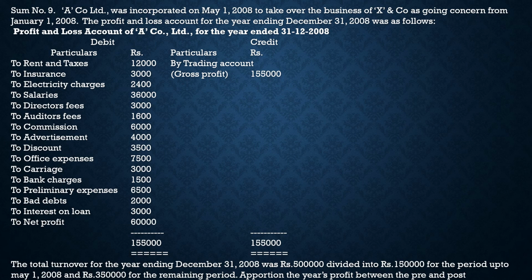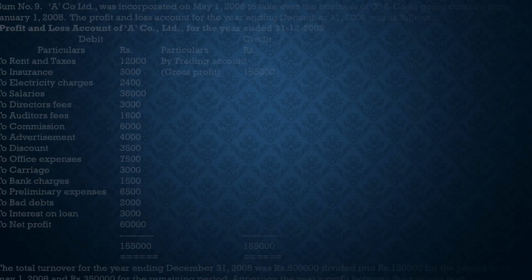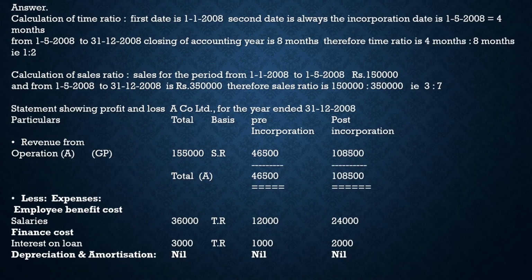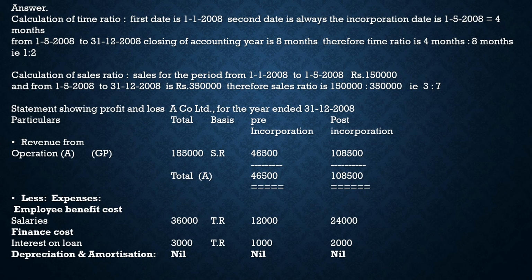Now let me see the answer in the next slide. Now here is the answer. First, we're going to calculate the time ratio. What is the first date here? 1/1/2008.